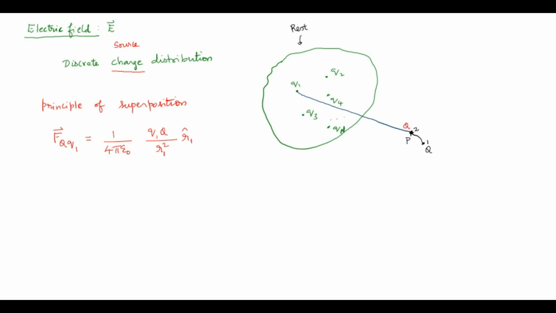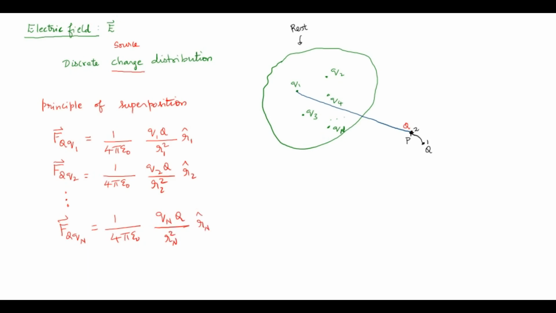Okay, similarly we can also calculate F on Q due to Q2. It goes with the same formula, Q2 Q divided by R2 square, R2 hat, and so on, up to F on Q due to Qn for n charges, which is equal to 1 over 4 pi epsilon 0, Qn Q divided by Rn square, Rn hat.